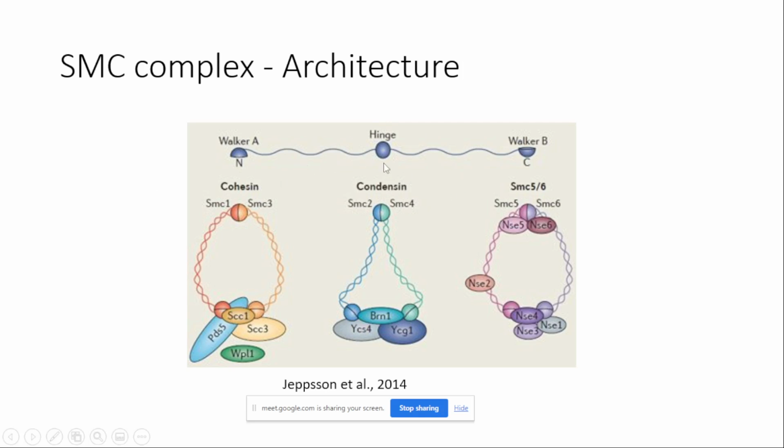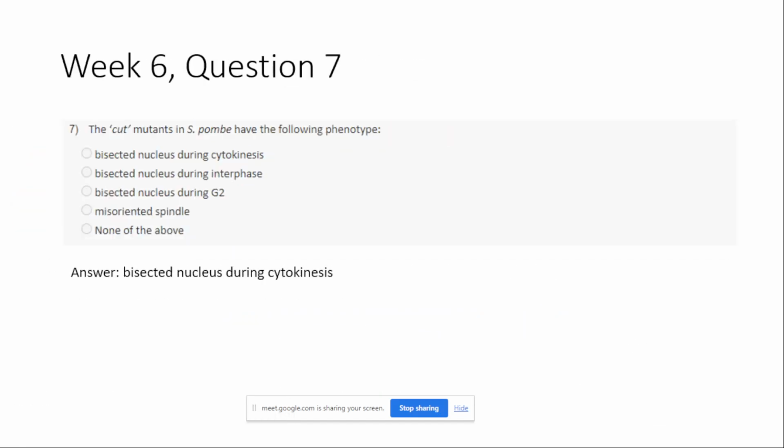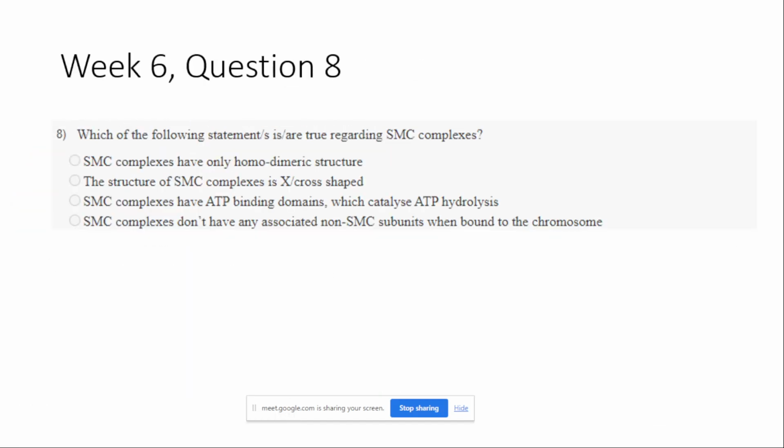When the SMC complex is folded along the hinge region, the two coil regions come together and make a coil, and the C-terminal Walker B and N-terminal Walker domain come into close proximity and make a functional ATPase domain. Now, after seeing this slide, tell me which can be the correct statement about the SMC complexes.